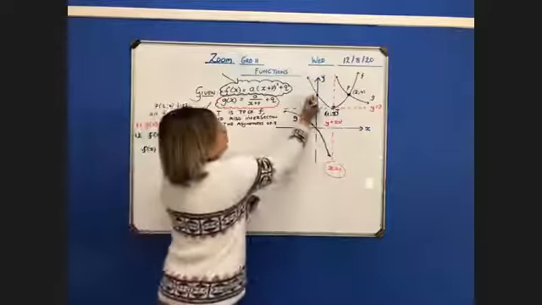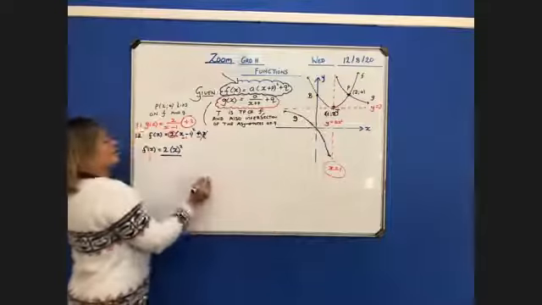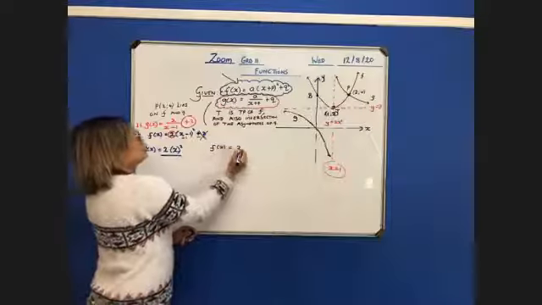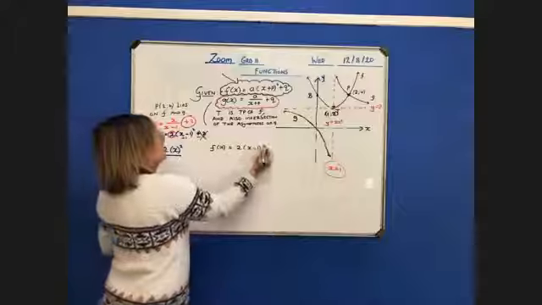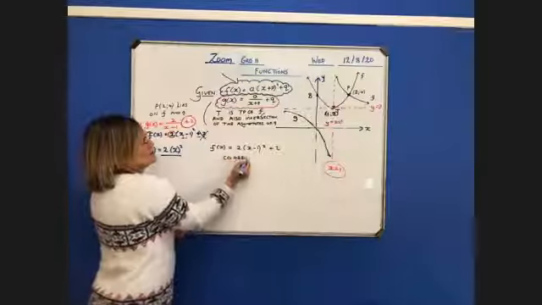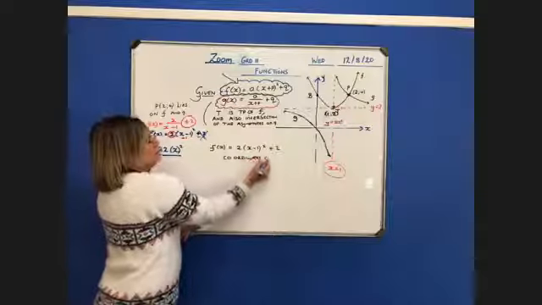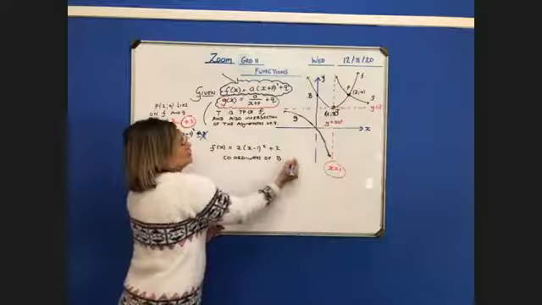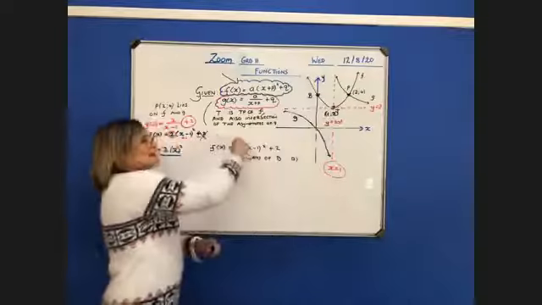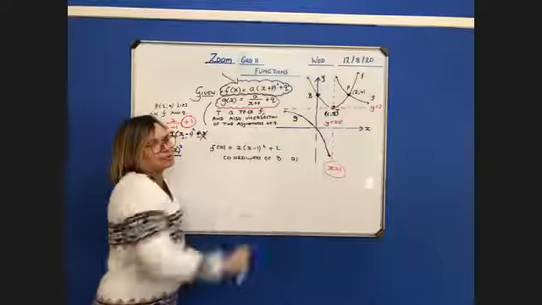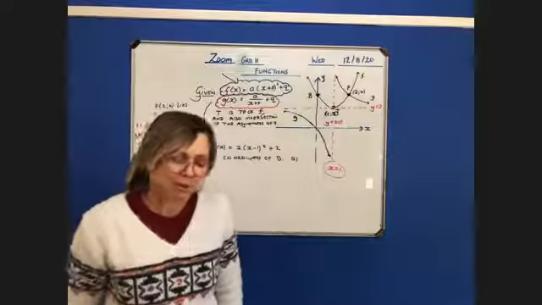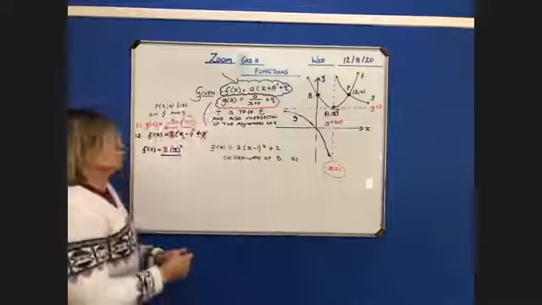Okay, if this is point B, go back to the original parabola. f of x, if you remember, was 2x minus 1 squared plus 2. I want the coordinates of B. Now you'll notice that is your y-intercept. You cannot get your y-intercept by looking at the equation if it's in its turning point form.